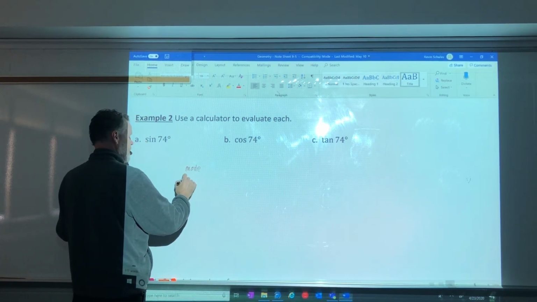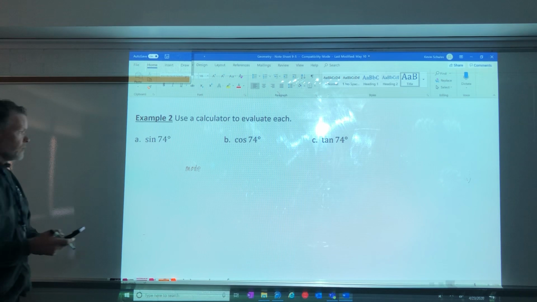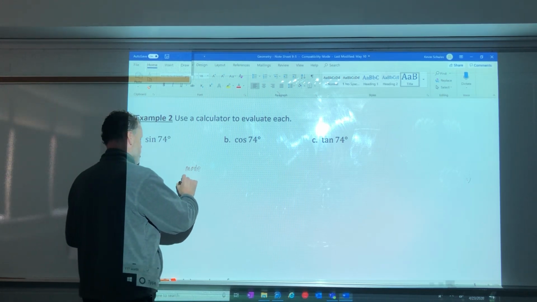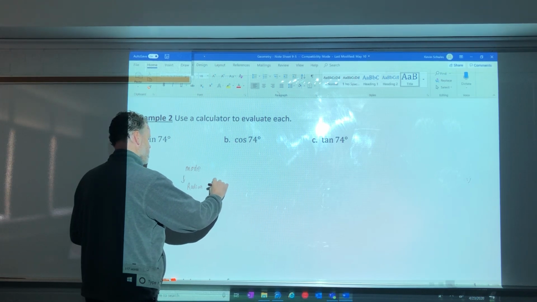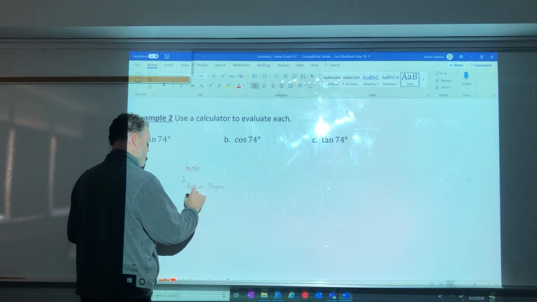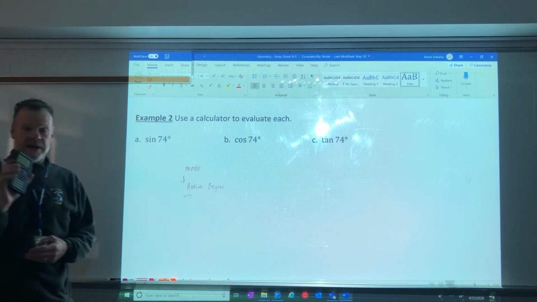Okay, and you're going to go down, down arrow to degree. It's the third one down. You'll see radian or degree. If you go to mode, you're going to see radian and degree. Move over to degree. Make sure that's highlighted and press enter. That's if you have a graphing calculator.